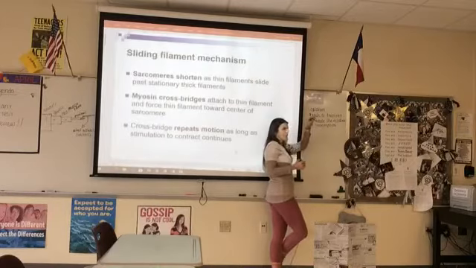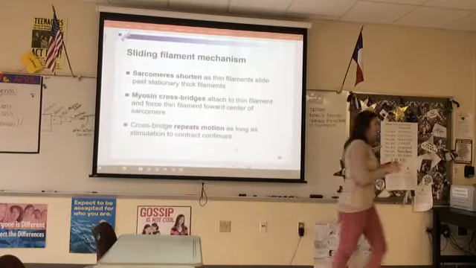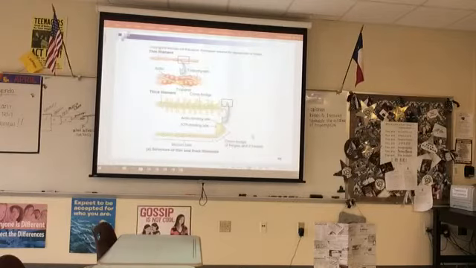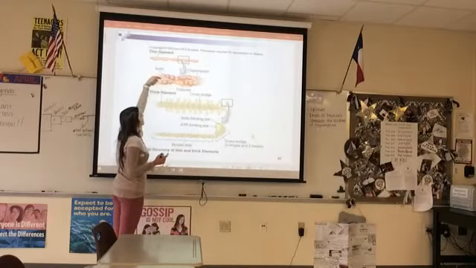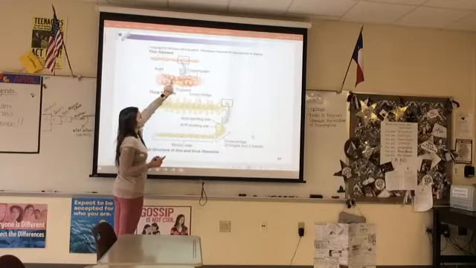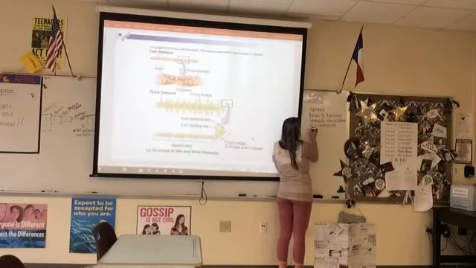Okay, so calcium came in, it held on to troponin, troponin changed its shape, and it caused the tropomyosin to roll over. Okay, when it rolls over, let me see, I think there's a picture. Yes. So here, the calcium comes in, it binds to troponin, then it allows the tropomyosin to rotate.